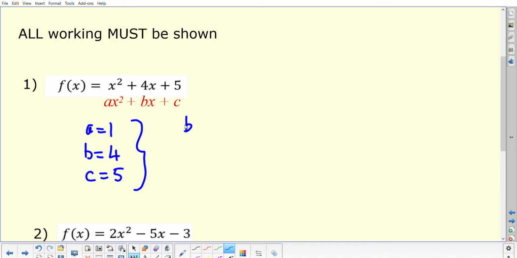So working with that, b squared minus 4ac, you replace the b with 4, so 4 squared minus, remember this 4ac bit means 4 times the value of a, which is 1, times 5, the value of c. So we're going to have 16 minus, and you do that bit all together.